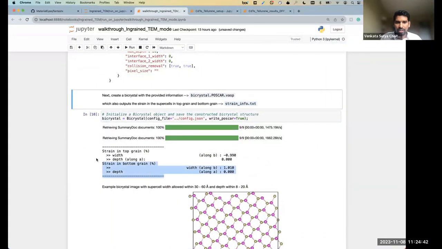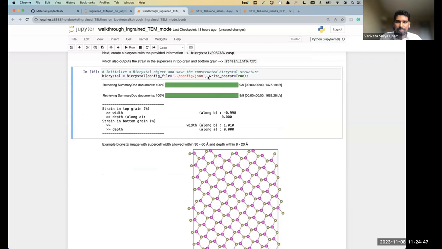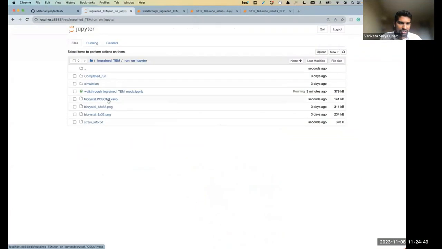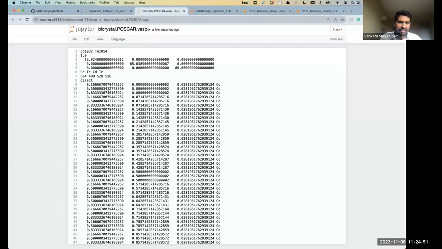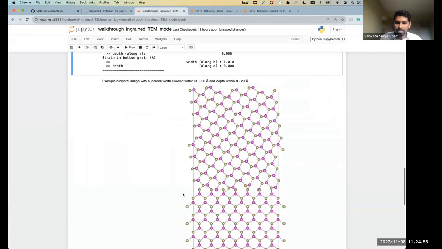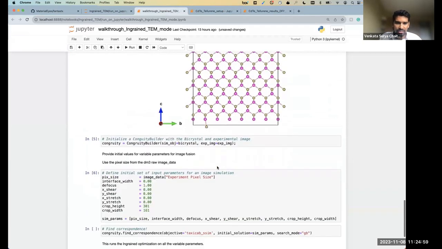This information will also be written in the file. What we'll get is the bicrystal POSCAR, which is just the structure, and we can use that.